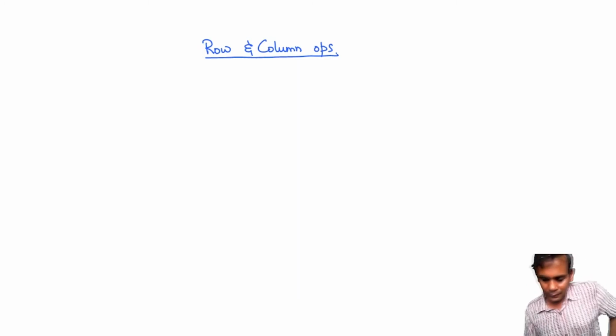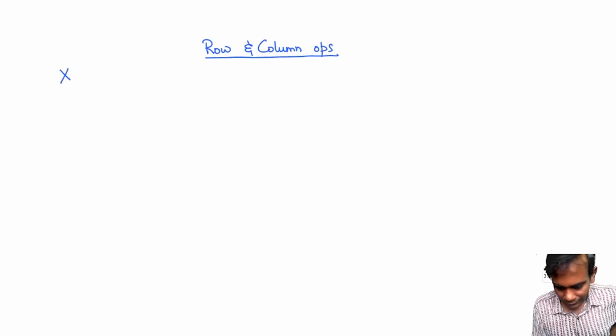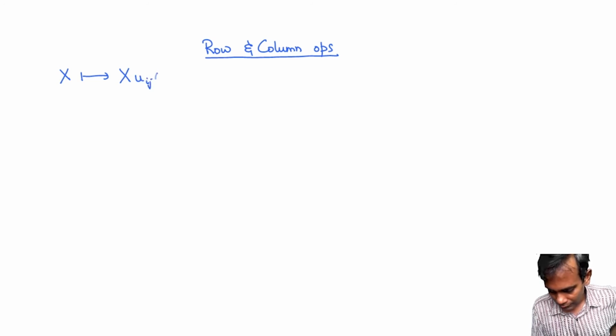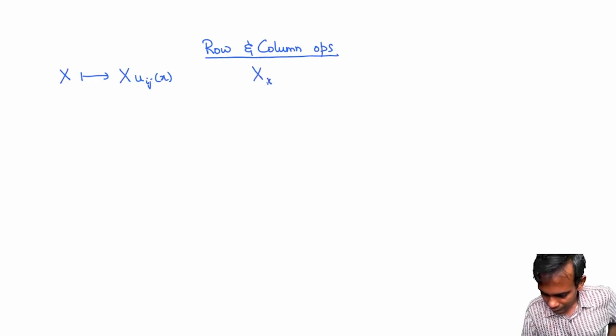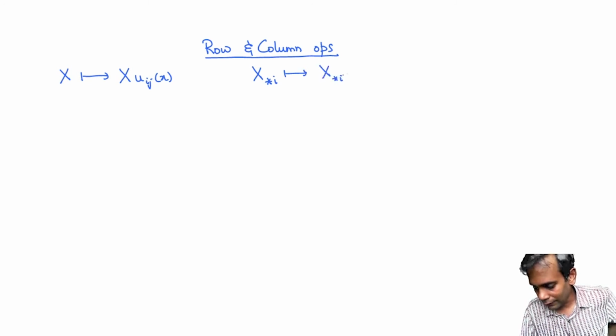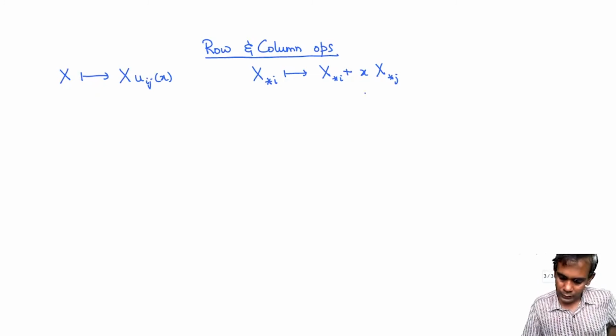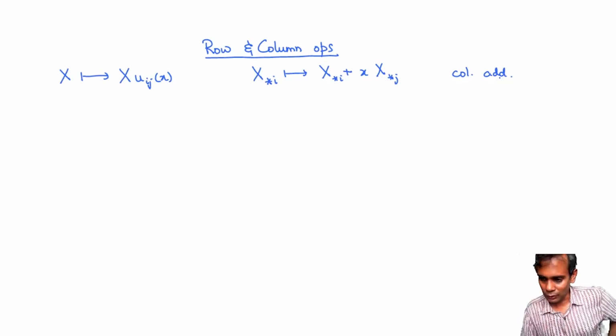If I take a matrix X and replace it by the matrix X U_ij(x), then what I'm doing is taking the jth column of X and replacing it by the jth column of X plus x times the ith column of X. So it's a column addition operation: you take one column and add to it a multiple of another column.